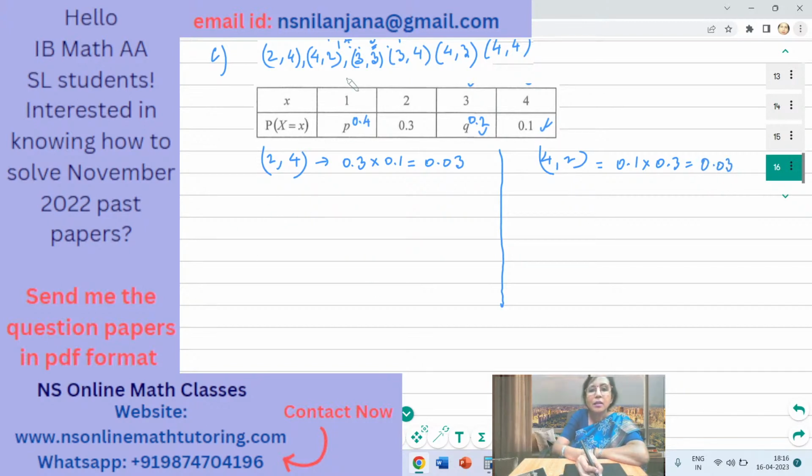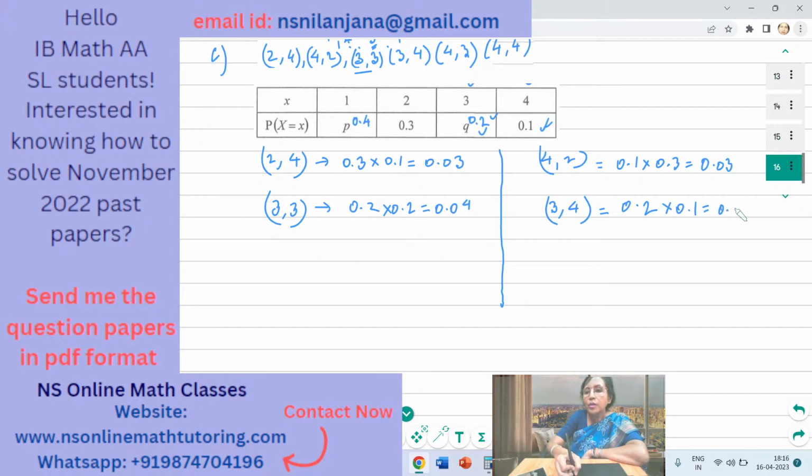Next, it is P3 and 3: 0.2 times 0.2 is 0.04. P3 and 4: 0.2 times 0.1 is 0.02.